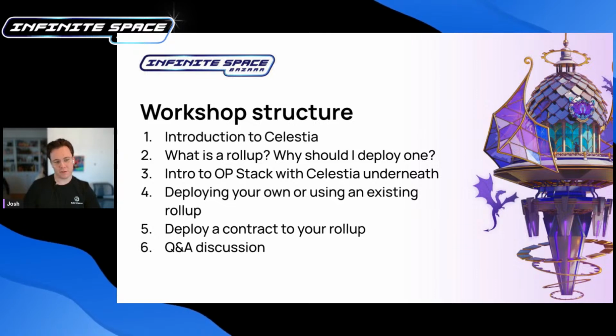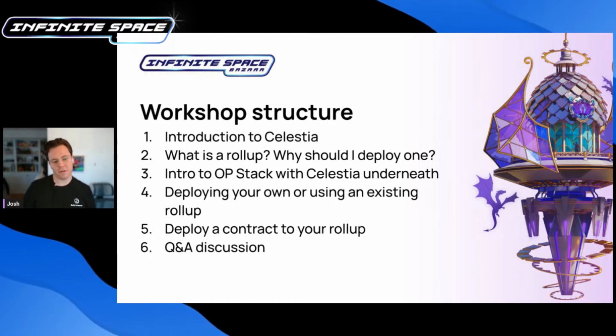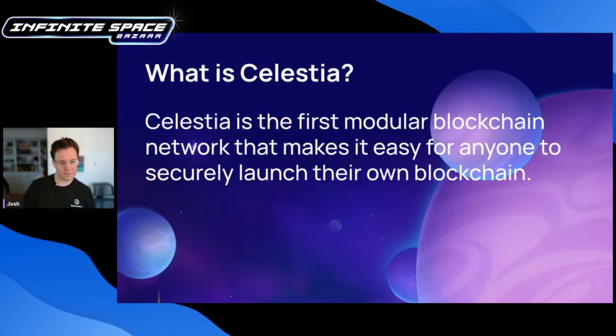The next thing we'll do is an introduction to OP Stack with Celestia underneath, and we'll go through deploying our own or using an existing rollup, because there are some testnets that you can use without having to actually deploy your own rollup, just to get the feel for things and see if that's really what you want to do. The last thing we'll do is deploy a contract to the rollup. Lastly, we'll have a Q&A discussion. So let's get started.